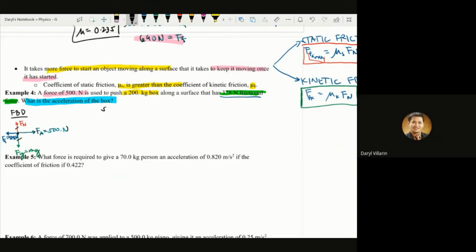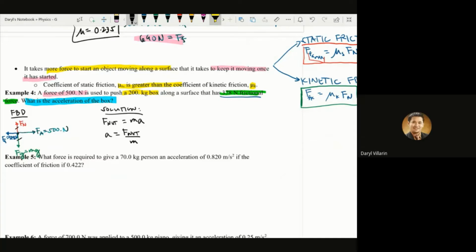So the acceleration would also be along the x-axis. For our solution, the net force is no longer equal to 0, but this time it's equivalent to MA. Since we're solving for A, A is equal to F net over the mass.